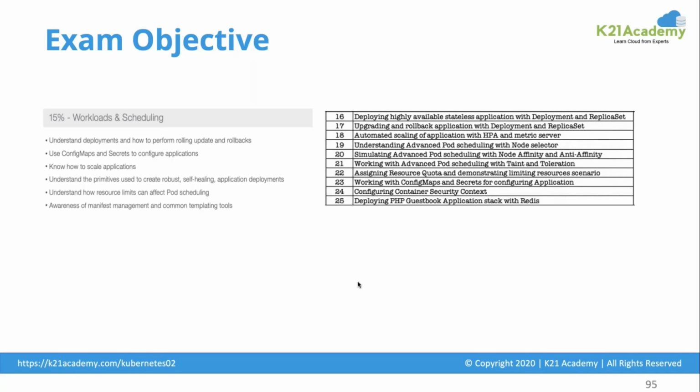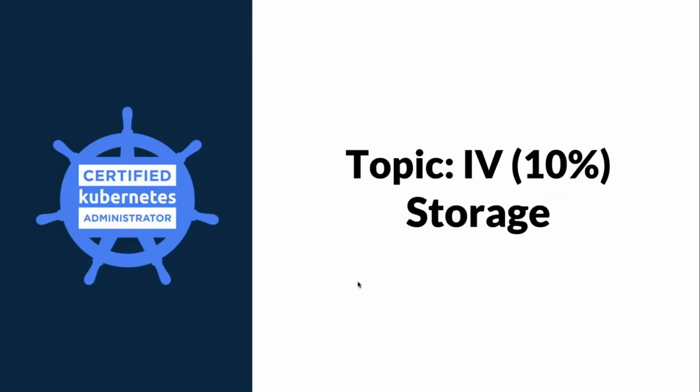We let you deploy horizontal pod autoscaler, do the scheduling, learn advanced scheduling techniques like node affinity, anti-affinity, taints and tolerations, and set up the security context at the container level. And not only that, we set up the entire stack, a multi-container stack, so that you get a feel of how a multi-container application works on the cluster when it is deployed.